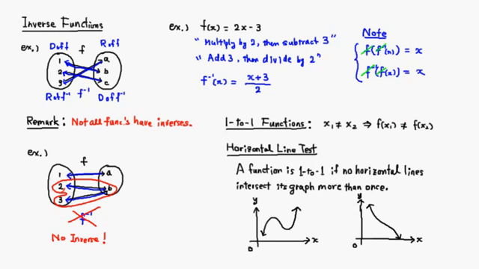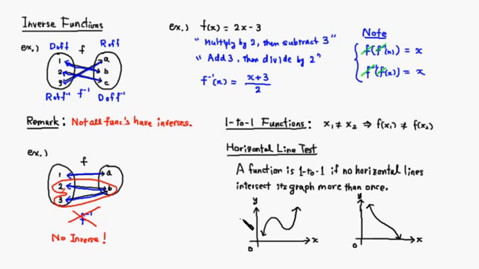There's an easy way to check for a one-to-one function if you have the graph of the function. Let's look at the following two graphs. This is called the horizontal line test. A function is one-to-one if no horizontal line intersects its graph more than once.